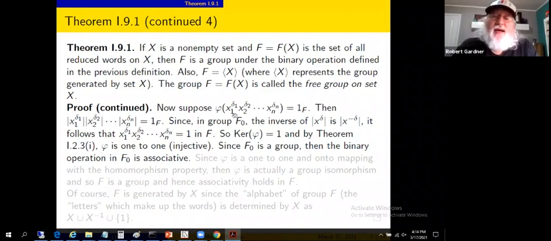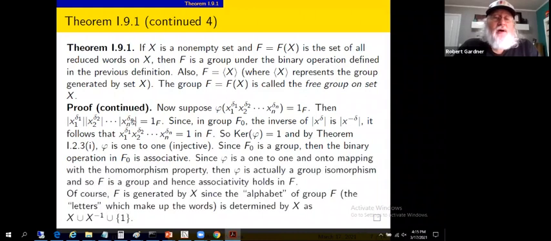So suppose phi maps this reduced word to the identity in the group A of f, the group of permutations. Then the image of this reduced word is, as I've read it, absolute value of x1 to the delta 1 through absolute value of x sub n to the delta sub n. That's what phi does to that reduced word.